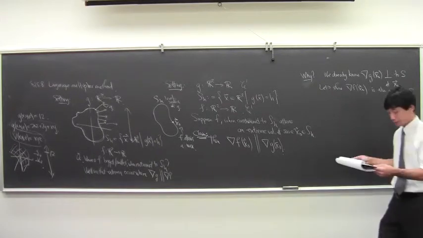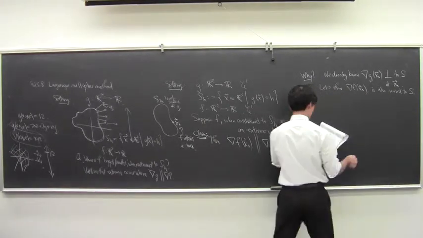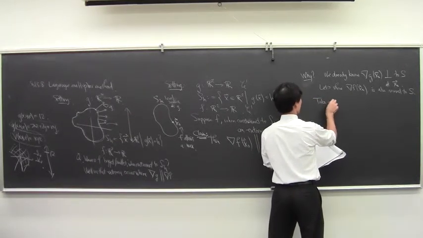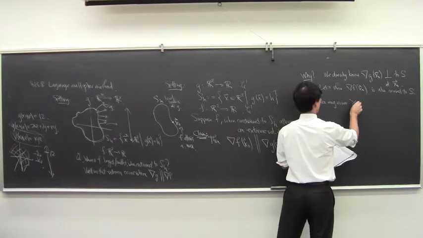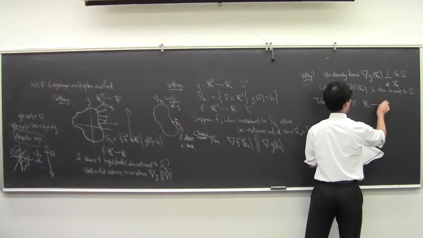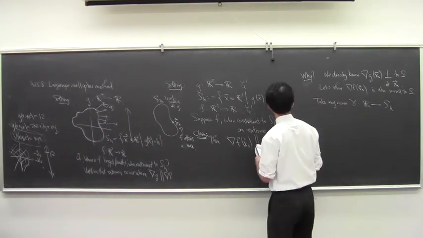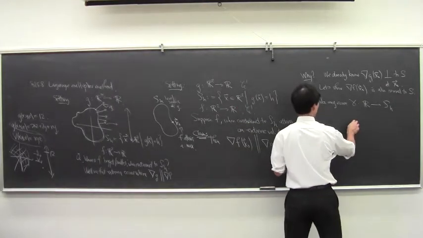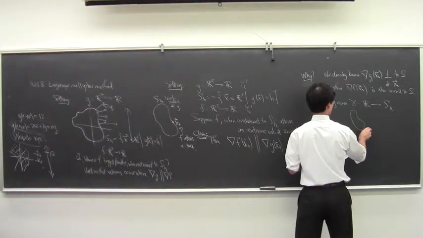Okay, and the argument goes along the same lines as before. Take any curve gamma that goes from R into S of h. So here's S of h.